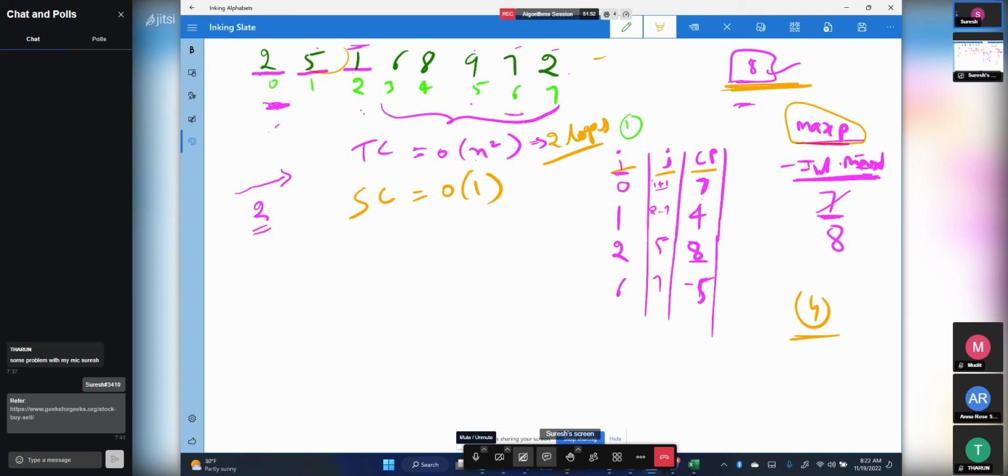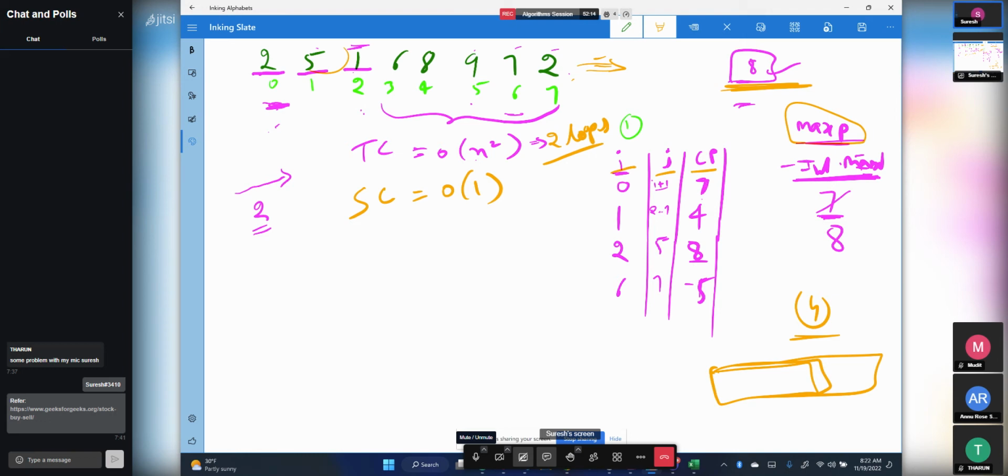Now what happens is, if the input size increases, the extra array you are going to take also increases, right? If I give 1,000 elements, you are going to take 1,000 elements of memory. If I give 2,000 elements, you are going to take 2,000 elements of memory.